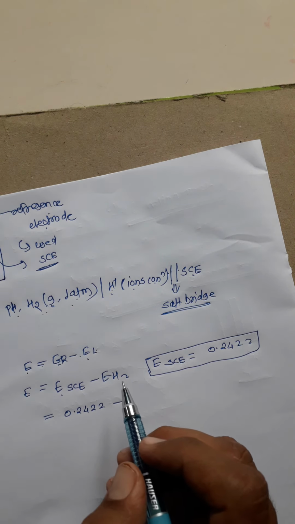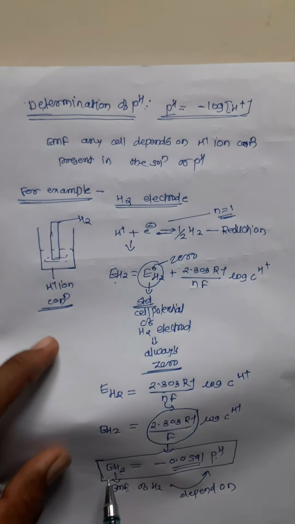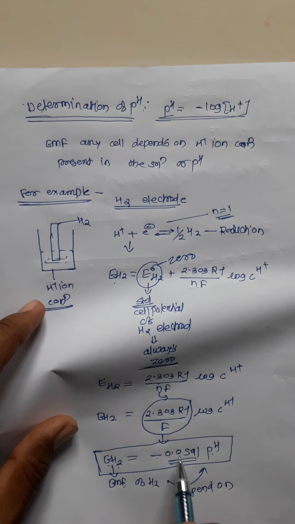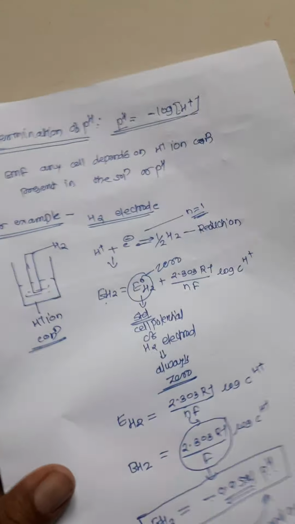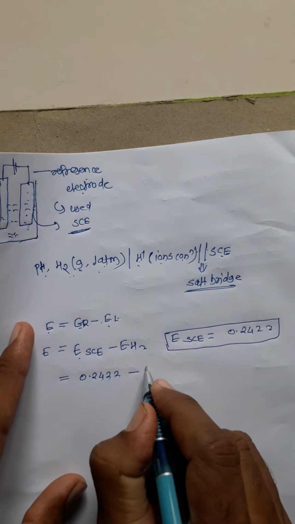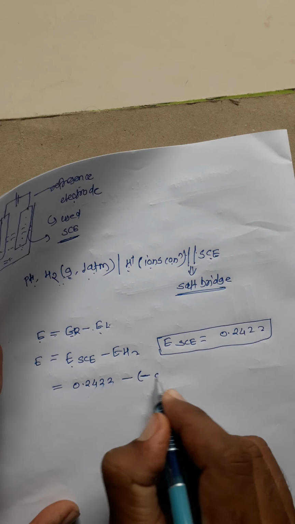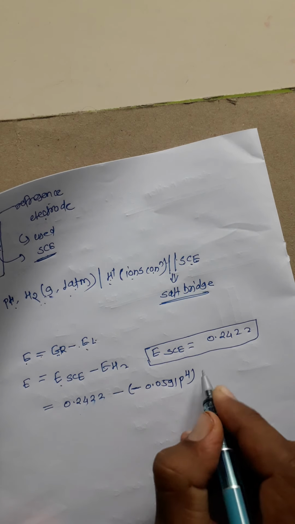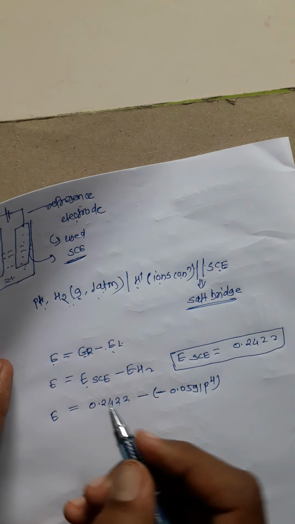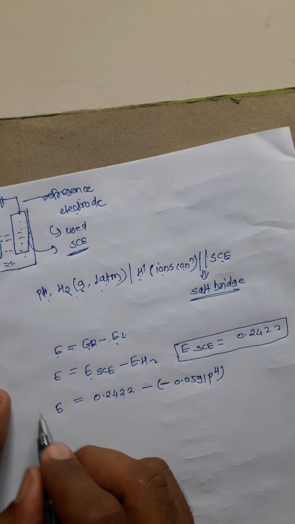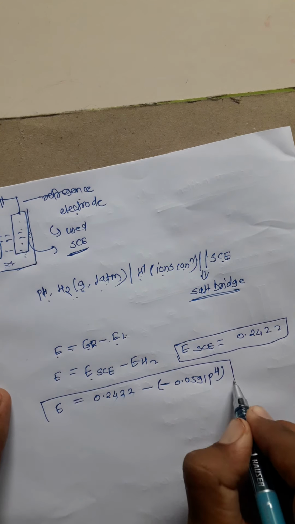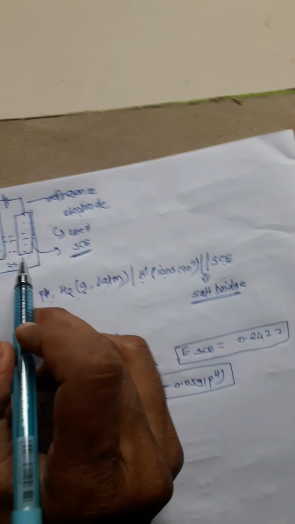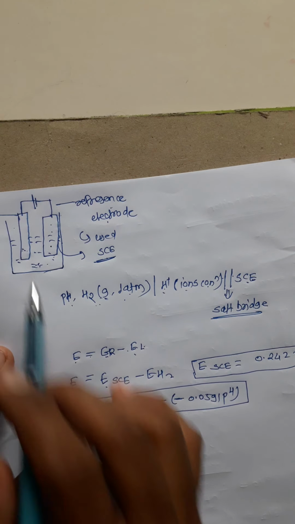You already calculated that EH2 is equal to minus 0.0591 pH. Putting this value in the equation, we get minus into bracket minus 0.0591 pH. This is the EMF of this complete cell.